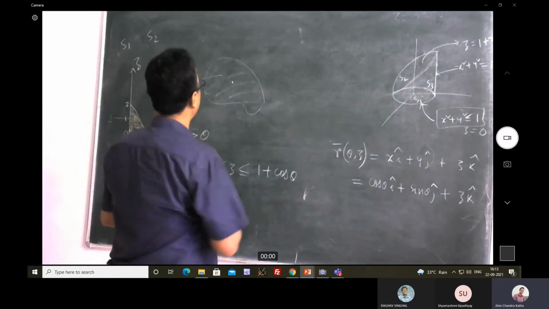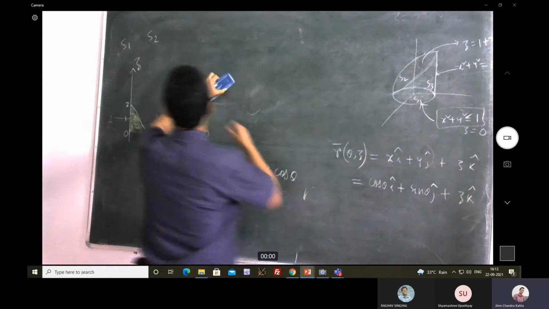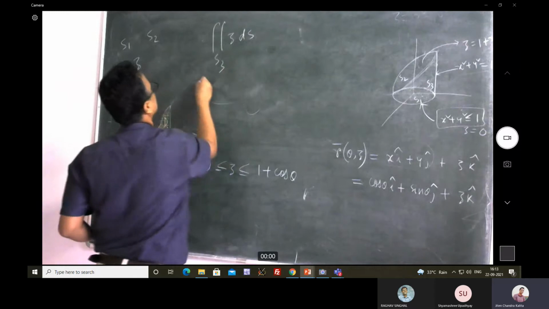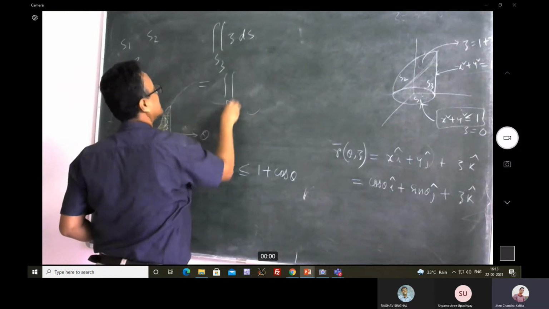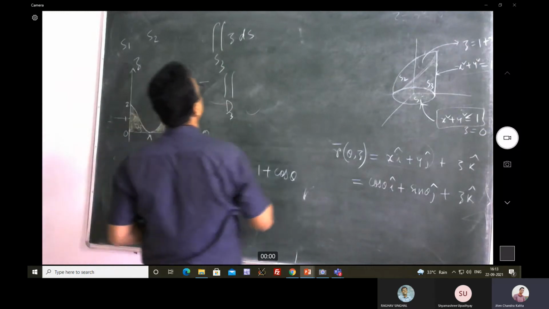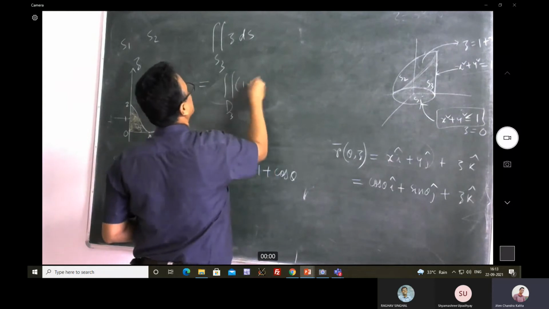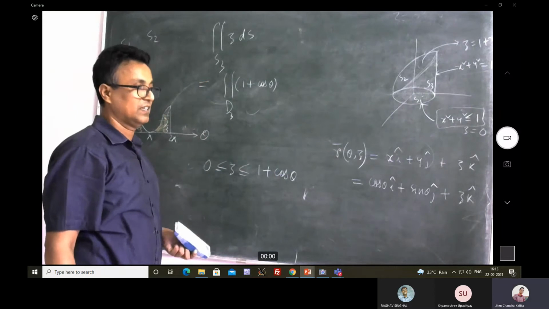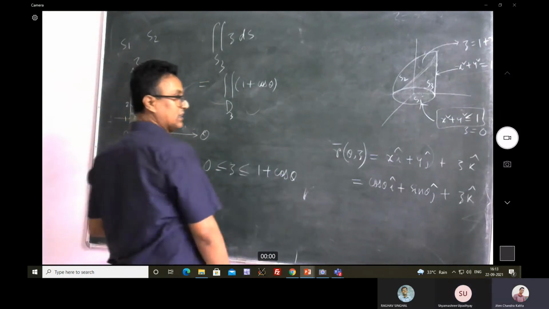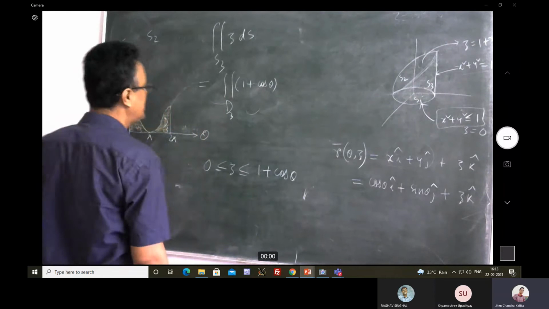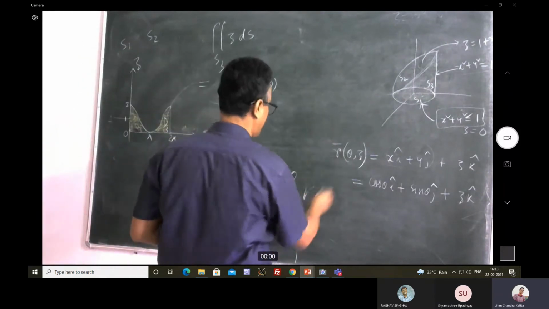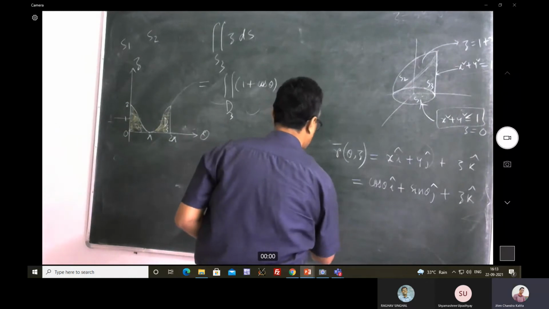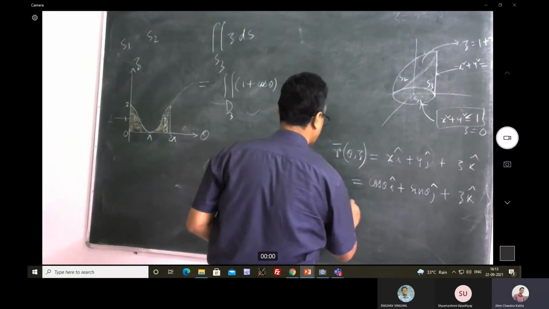So if I have to perform this integration over S3 of z dS, this is going to be over D3. z is 1 plus cos theta now, right? And dS is simply what? Again, you have to find r theta cross r z.